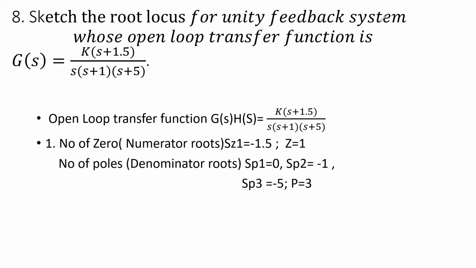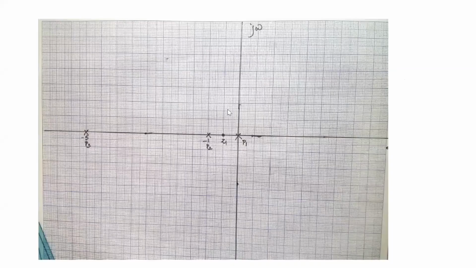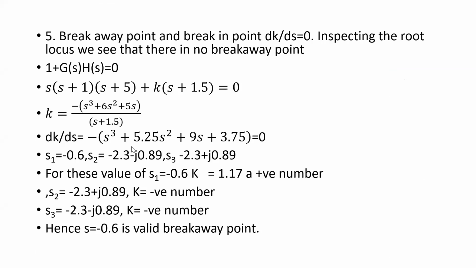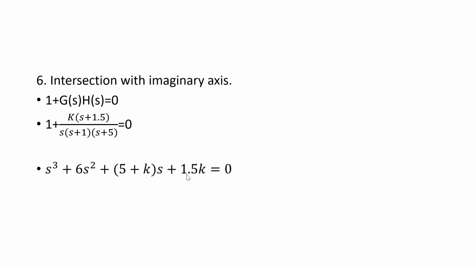In the previous case, it satisfied the angle criteria, so it was a part of root locus. But if it doesn't satisfy the angle criteria, or if you get a negative K value, your system becomes unstable. Here we are only talking about stable systems, so you have to get a positive K value. So this value is the only valid breakaway point.